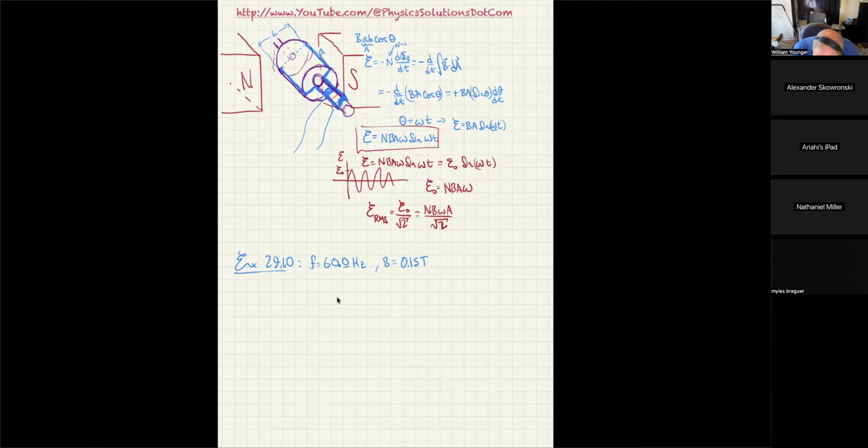The area of the coil A is 2.0 times 10 to the negative 2, and they were kind enough to give us that in square meters, which is really nice. And we want E zero, the EMF peak voltage, to be 170 volts, which is approximately what peak voltage is for the AC that we use here in America.